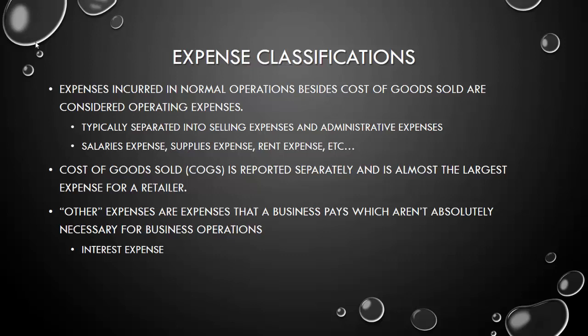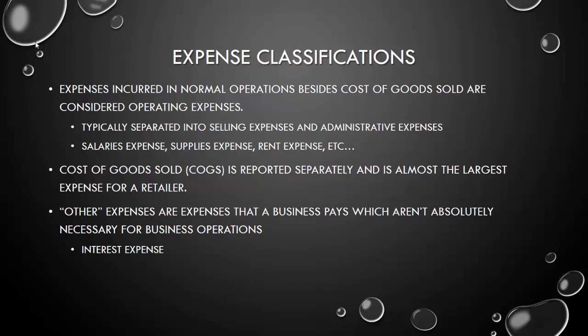And then if you have any other expenses that your business is paying which aren't absolutely necessary for your business to be in operations, and the big one is interest expense, you would record that as an other expense. So you group your expenses into these three different categories: your cost of goods sold, your operating expenses, and your other expenses or your non-operating expenses.